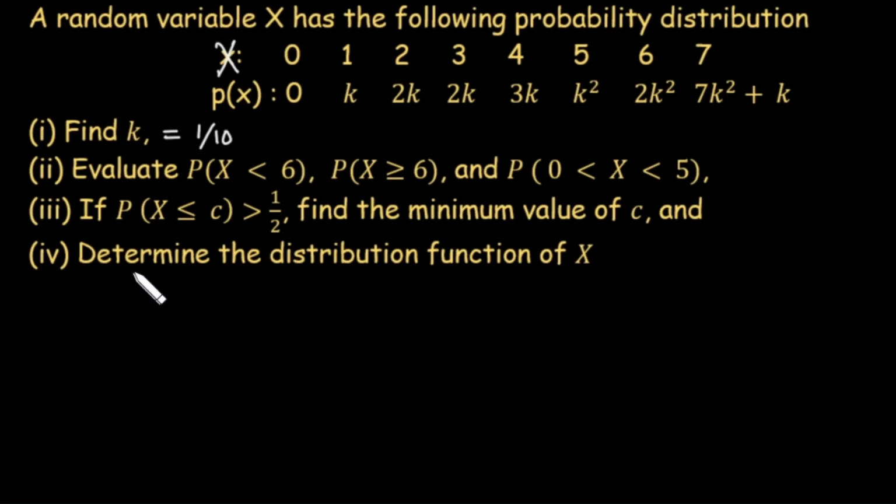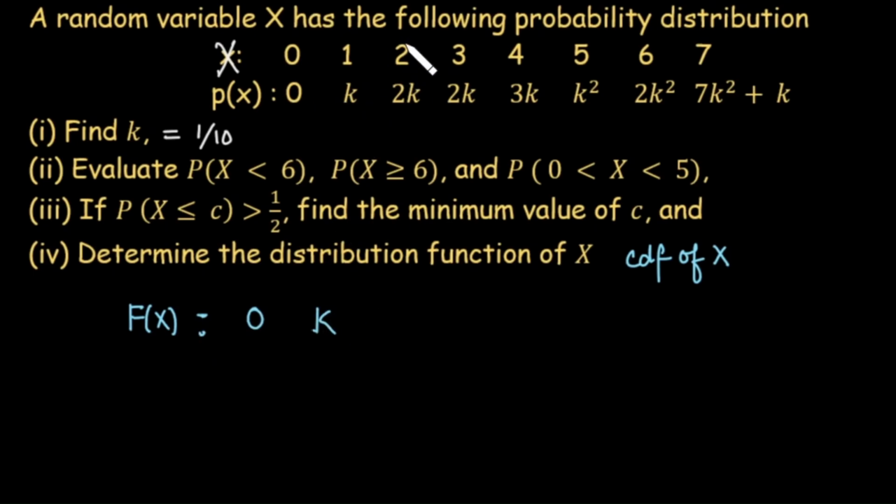What is the fourth part? That is, determine the distribution function of x. Basically we need to calculate the CDF of x. So how are we calculating this? Capital F of x. For 0, that is 0. For x equal to 1, we take the sum of these two probabilities, that is k.